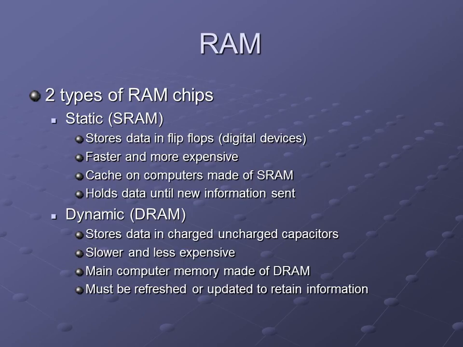We have two types of RAM. Okay, we have static and we have dynamic. The basic difference between the two is static is much slower.